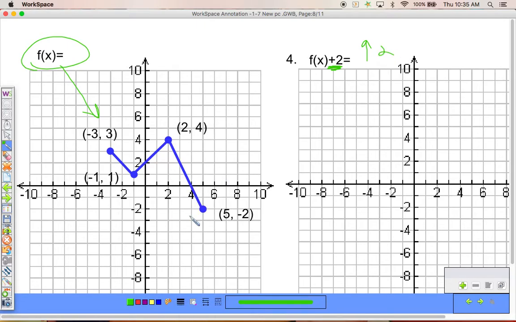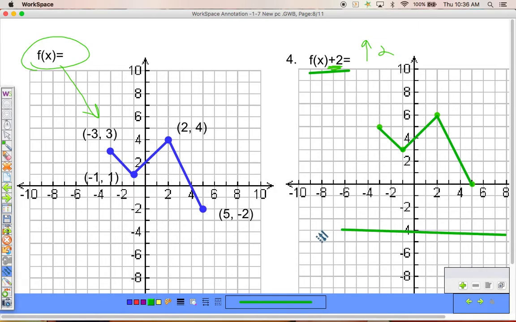I'm going to take the point -3, 3 and move it to -3, 5. -1, 1 moves up 2 units to -1, 3. 2, 4 moves up 2 units to 2, 6. 5, -2 moves up to 5, 0. And that is my new function. That is f of x plus 2. Connect the dots, get all the points in between, and we're good.